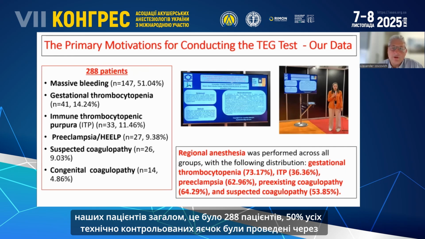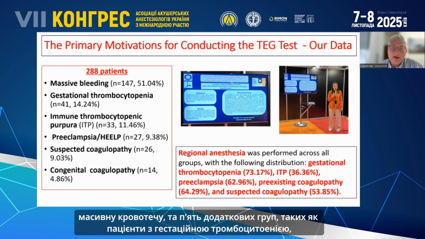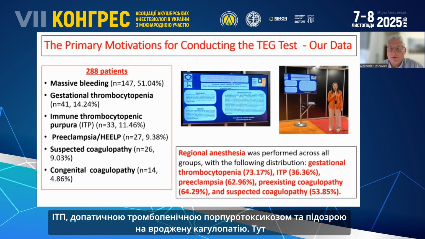Something around 50% of all TEG tests were performed due to massive bleeding, and five additional groups, such as patients with gestational thrombocytopenia, ITP, idiopathic thrombocytopenic purpura, toxemia, and suspected congenital coagulopathy.